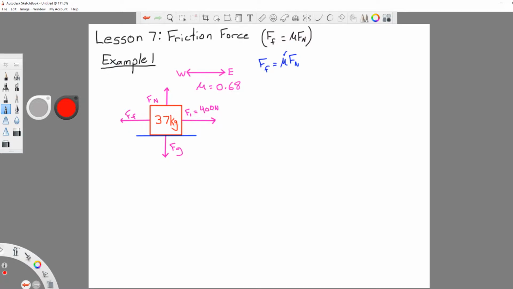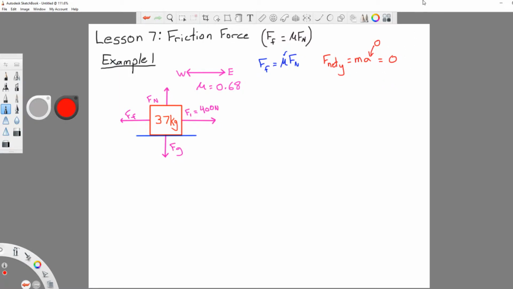Let's figure out our force normal. Well, in the y direction, we have no acceleration. So we can say to ourselves that F net y is equal to mass times acceleration. But this acceleration value is 0, and anything times 0 is 0, so F net y is equal to 0.